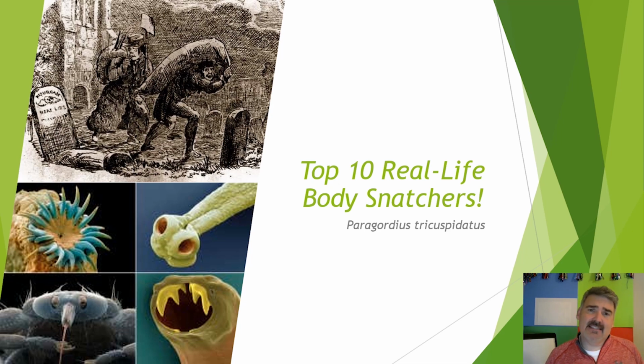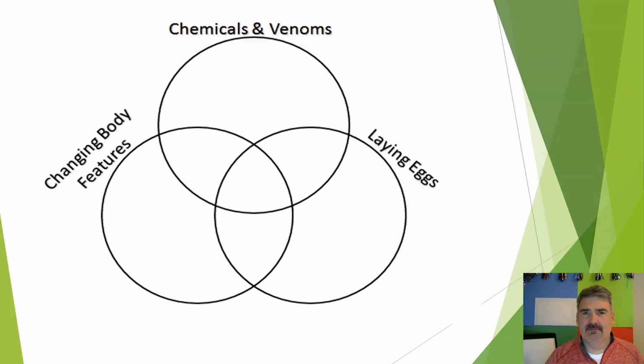All right, so let's take a look at what we have so far and what this Venn diagram looks like. So this Venn diagram shows some of the things parasites do when they infect their host. Some change body features, some use chemicals and venoms, some lay eggs in their host, and many do a combination of 2 or even 3 of these things. As we read about different parasites this week, we're going to be sorting them into various sections on this Venn diagram.